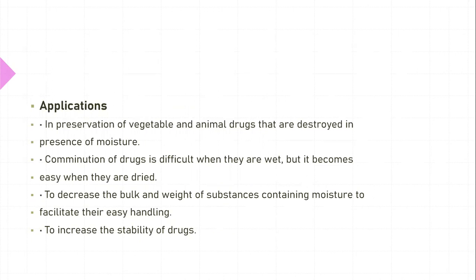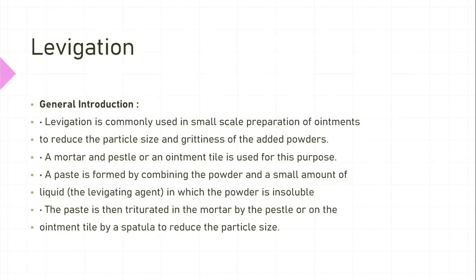Its application is in the preservation of vegetable and animal drugs that are destroyed in the presence of moisture. Comminution of drugs is difficult when they are wet, but it becomes easy when they are dried. It also decreases the bulk and weight of substances containing moisture to facilitate easy handling, and increases the stability of drugs. Next is levigation.